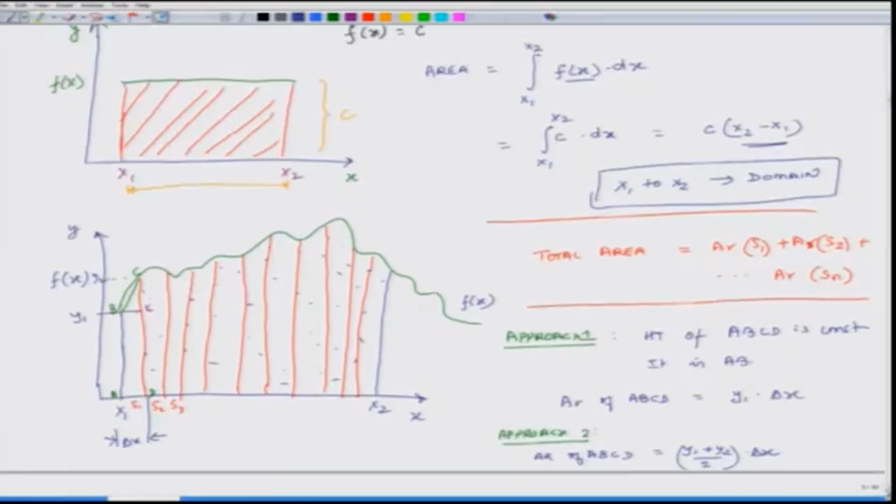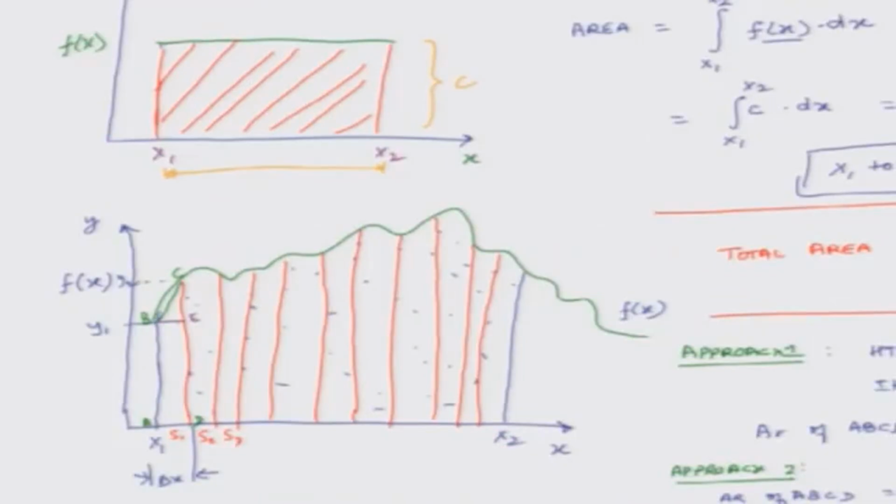And I can have a third approach, in which the transition of height between B and C, which right now in approach 2 is linear, I will say is not linear, but quadratic in nature. So, my line will be like this, and I say that this blue line is a quadratic curve.